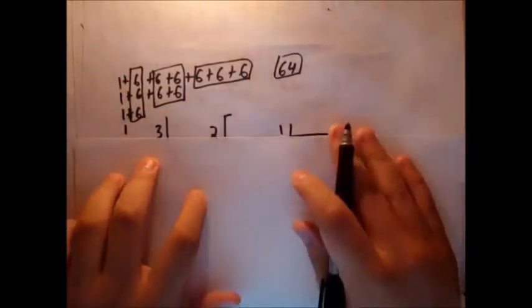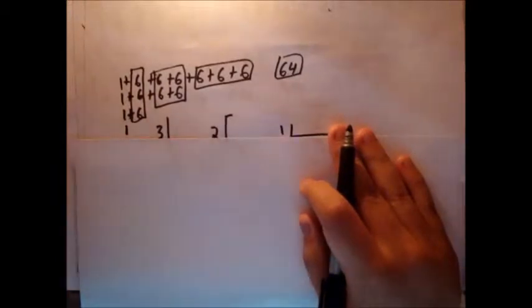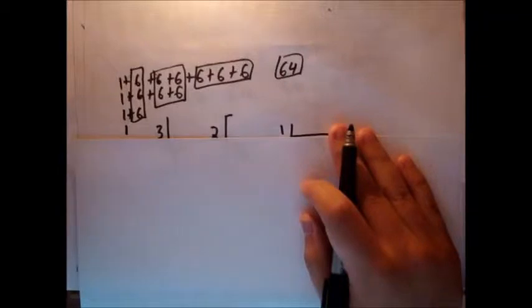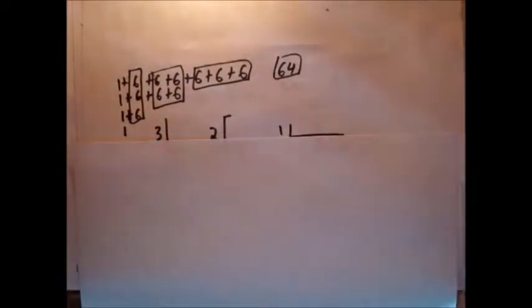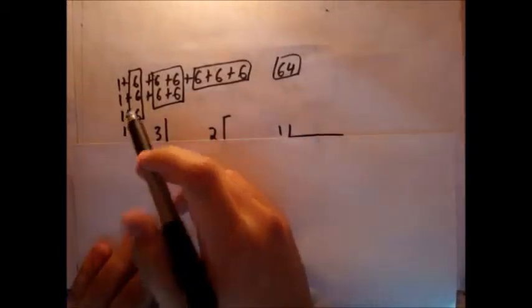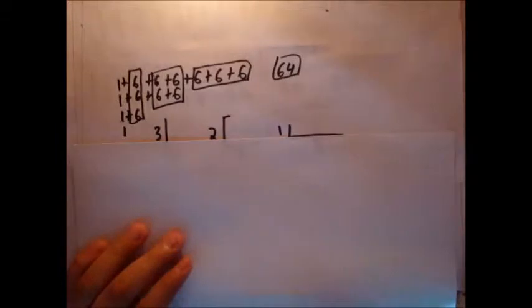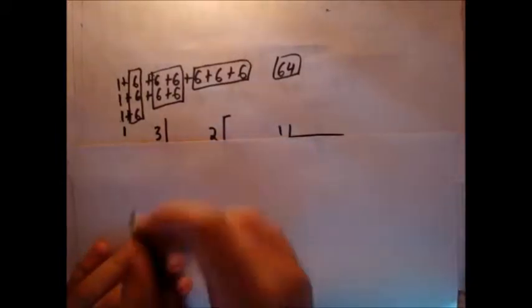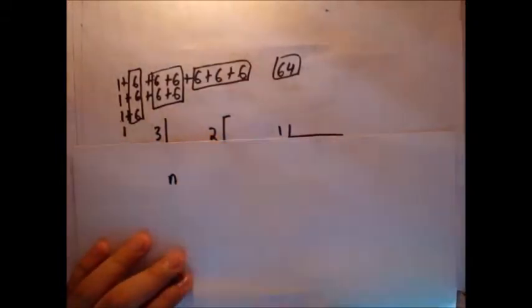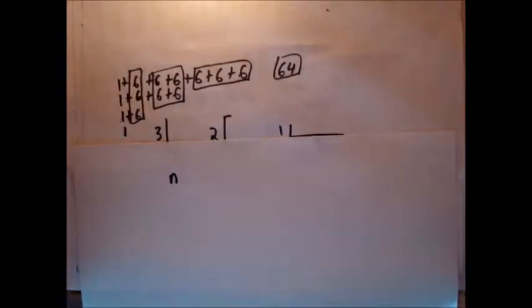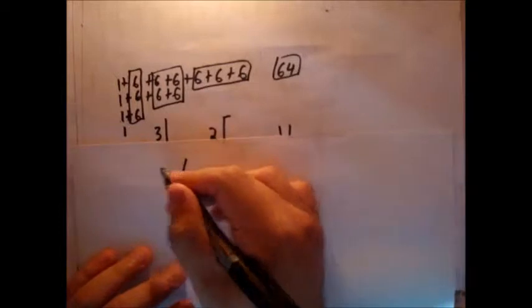And now previous numbers such as cubes such as 32, 8 and 1, they were all composed of 1s and 6s, and we can actually show this. So for the 64, we see that we have how many 1s? 1, 2, 3, 4. 4 1s, and 64 is the 4th term. So I can write n representing the amount of 1s in the 64th term, right? So that's for the 1s.